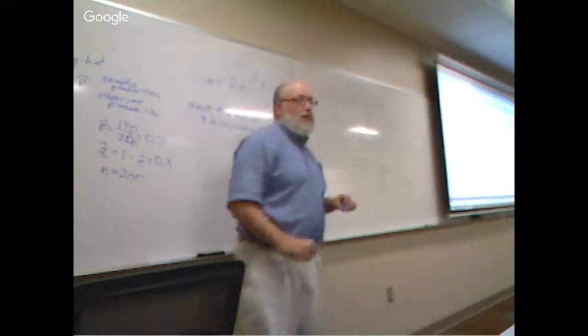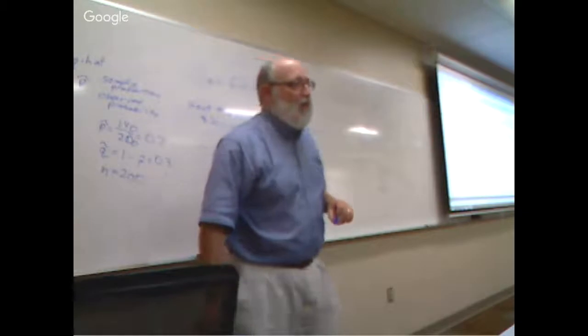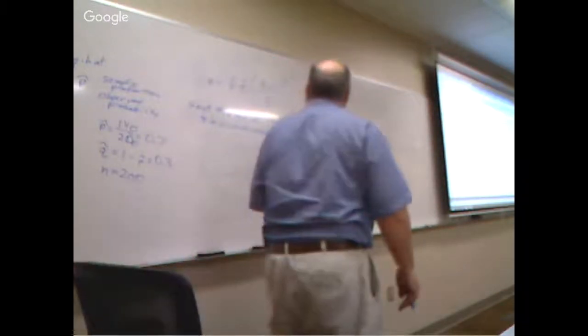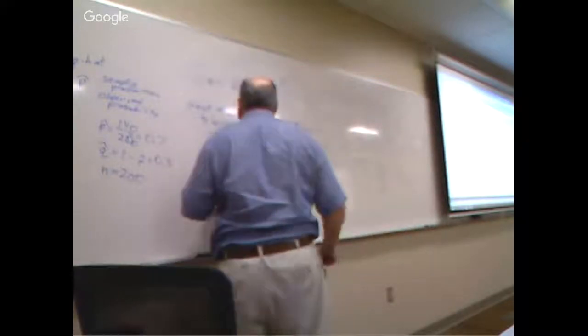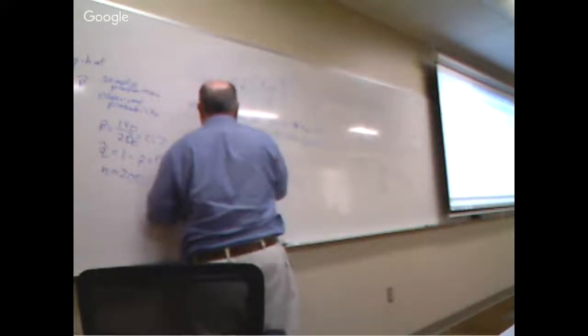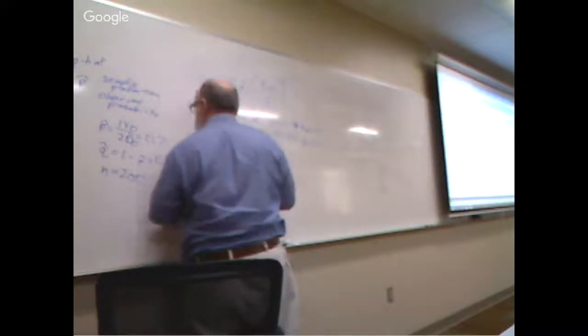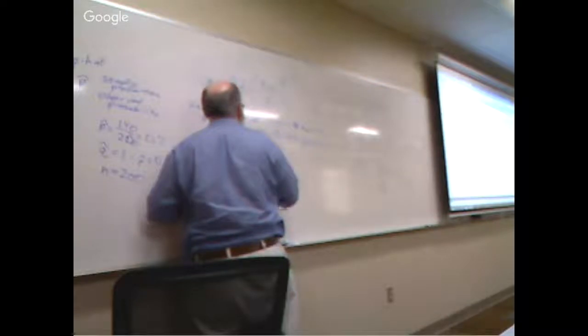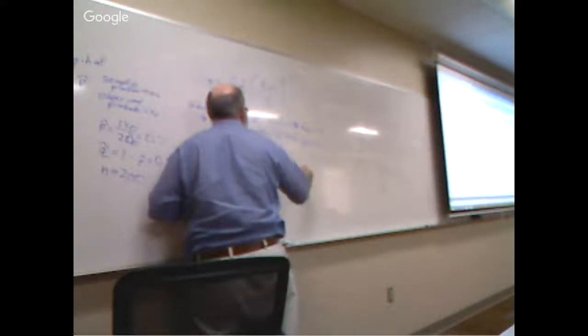Even though I said 3%, when I put it in the formula, I put in the decimal number. So n now is equal to 0.7 times 0.3, and then I have 1.96 over 0.03, squared.